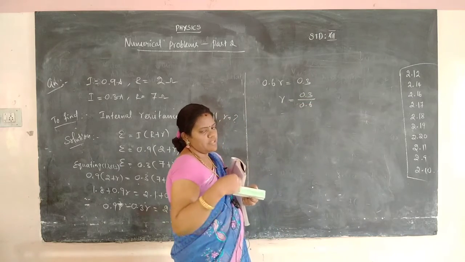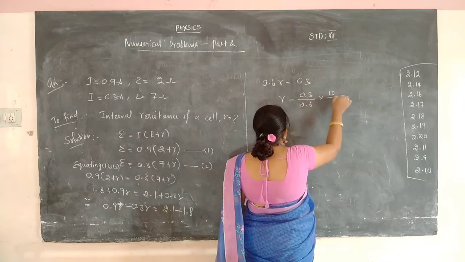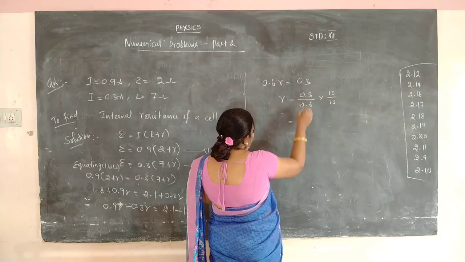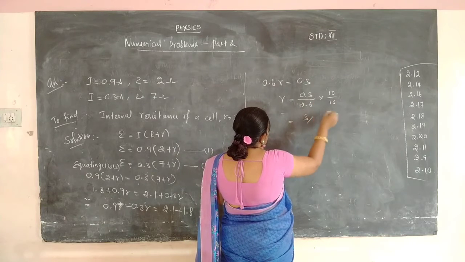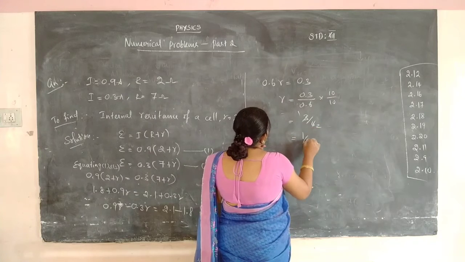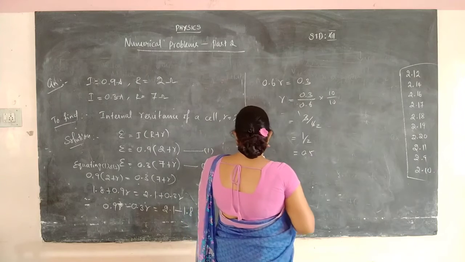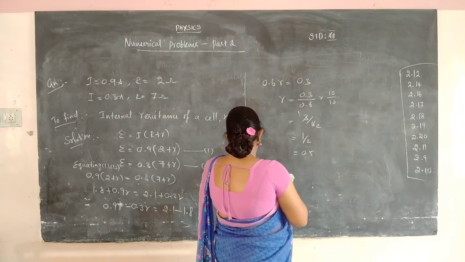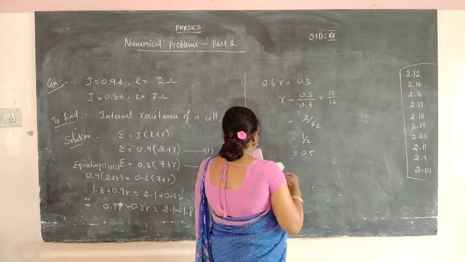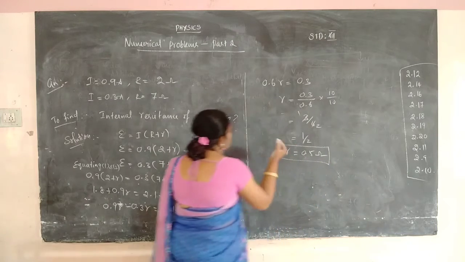Numerator and denominator have decimals, so multiply both by 10: 0.3 into 10 is 3, 0.6 into 10 is 6. So 3 by 6, that is 1 by 2, is equal to 0.5. So the internal resistance r is equal to 0.5 ohm. That is the final value.